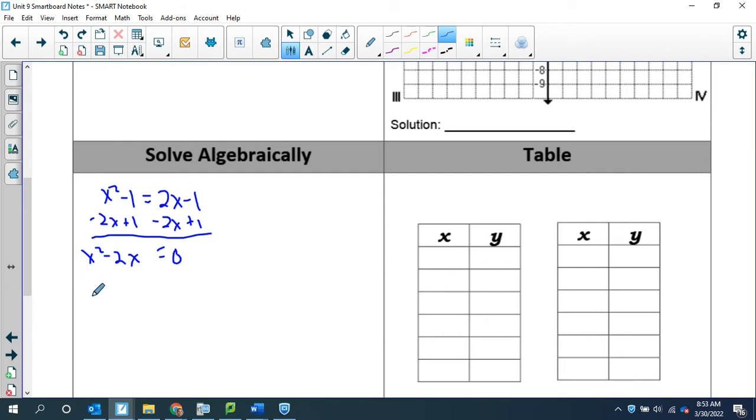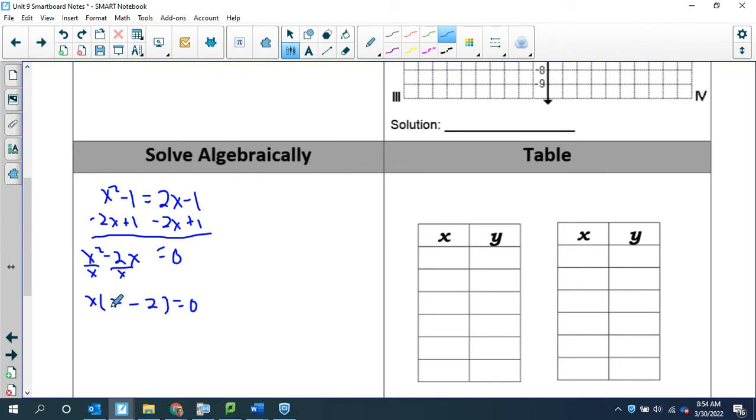For this problem, I'm going to have to factor now. Again, the first thing we always look for when we factor is a GCF. In this case, we have a GCF of x. So I'm going to have my x in front with one set of parentheses, and then divide everything by x. So x squared divided by x is x, and negative 2x divided by x is negative 2.